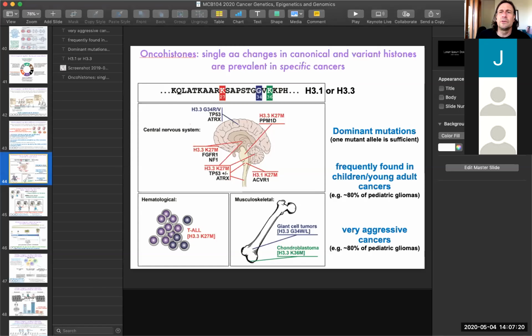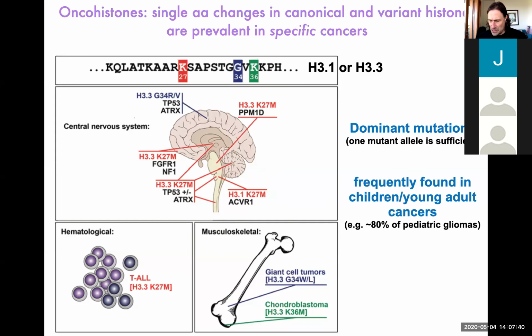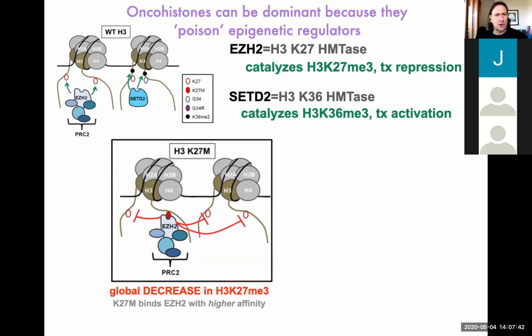Okay. So we started with a couple of examples of different changes that occur in different kinds of cancers at various histones. But I think the part that you were most interested in was this part here.